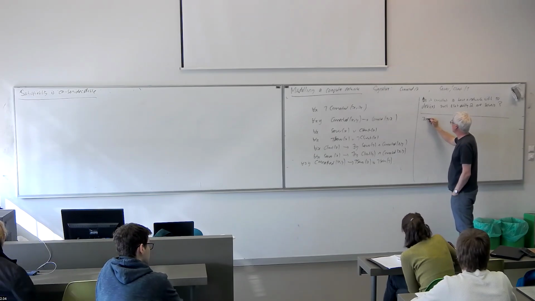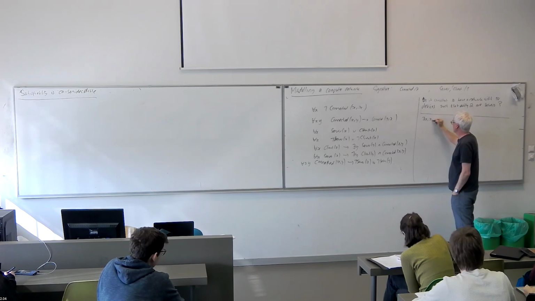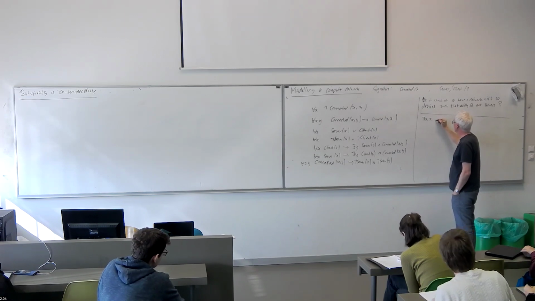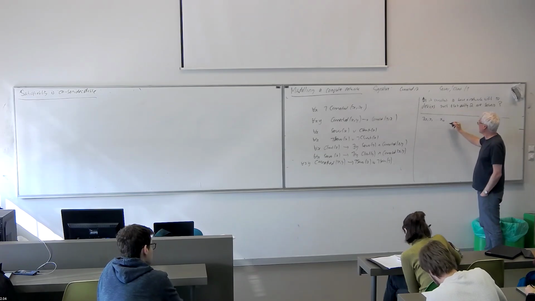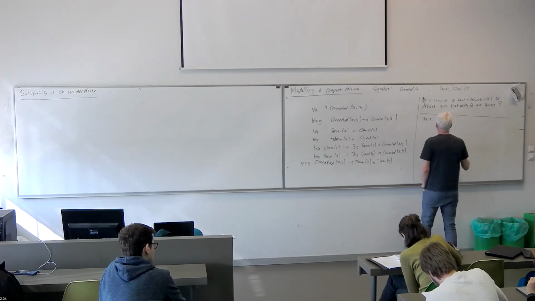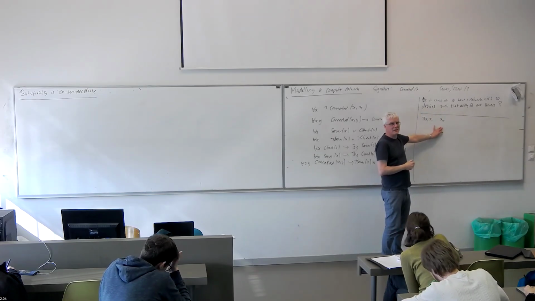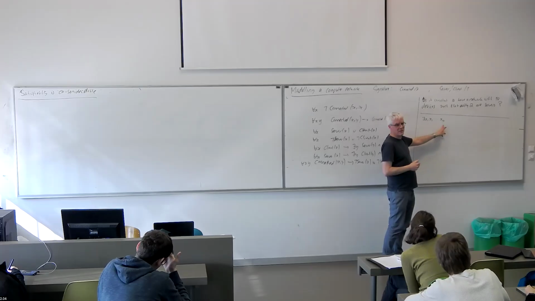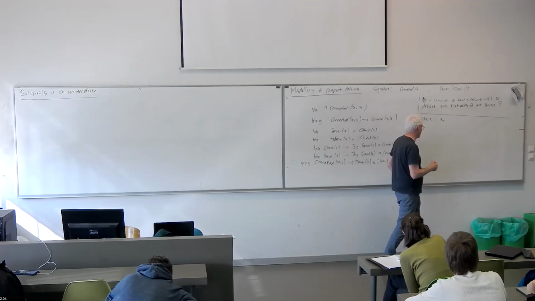So we want there exists x1, there exists x2, x3, up to x10, such that they're all different. They're all different is a conjunction over all pairs of distinct ones of these, saying they're not equal, the negation of equality.